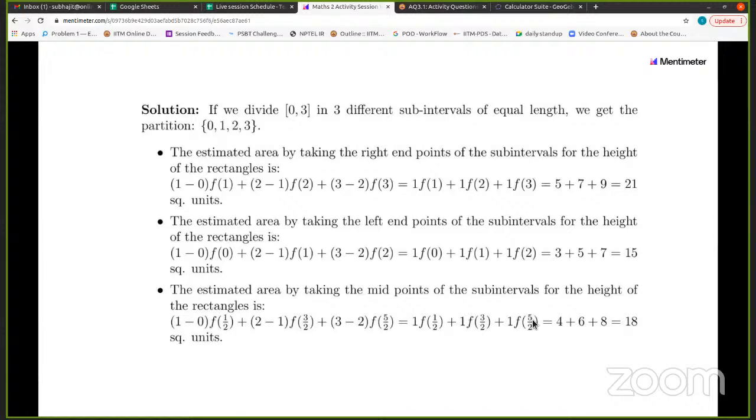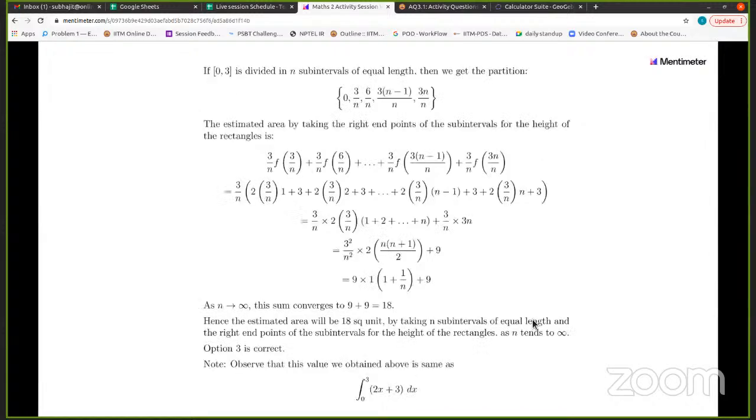So what about the last one? For the last one, we are dividing 0 to 3 into n subintervals. So our subintervals will look like 0, 3/n, 2 into 3/n that is 6/n, and so on, with dots in the middle, up to 3 into (n minus 1)/n and 3n/n, that is 3. So these are my subintervals.